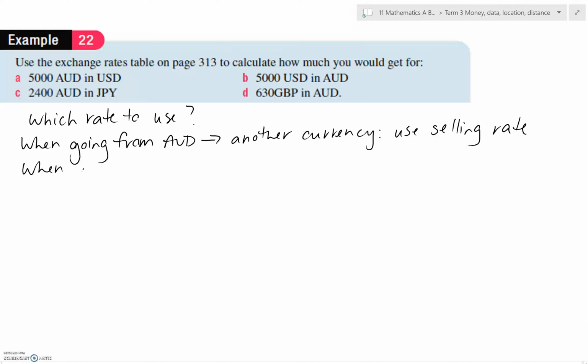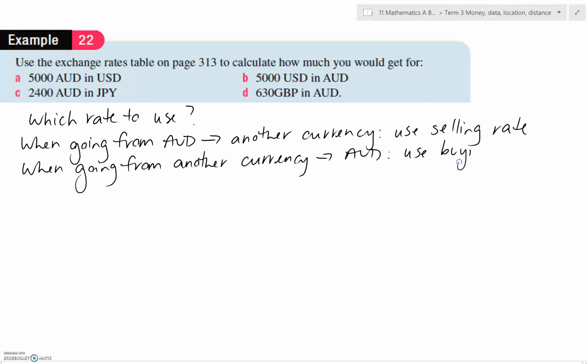When you are going from another currency to Australian dollars, you're going to use the buying rate. So it kind of depends on how they are quoted, but the way our rates are quoted, this is the way that is going to work.